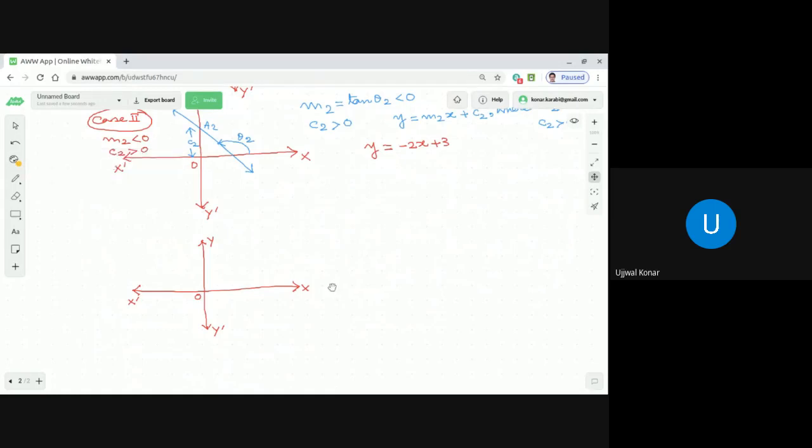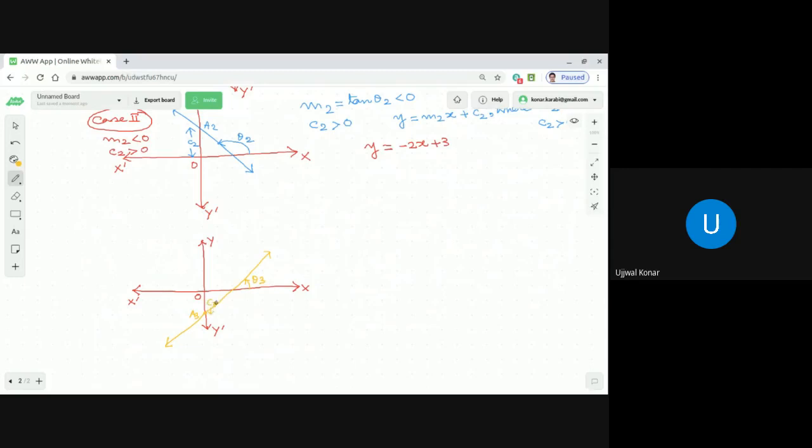So in this case, what we want to see is that M is positive but C is negative. What kind of straight line should it be? A straight line something like this. This straight line makes an angle, suppose theta 3, with the positive direction of the x-axis, and its y-intercept, suppose OA3, is negative, that is C3.